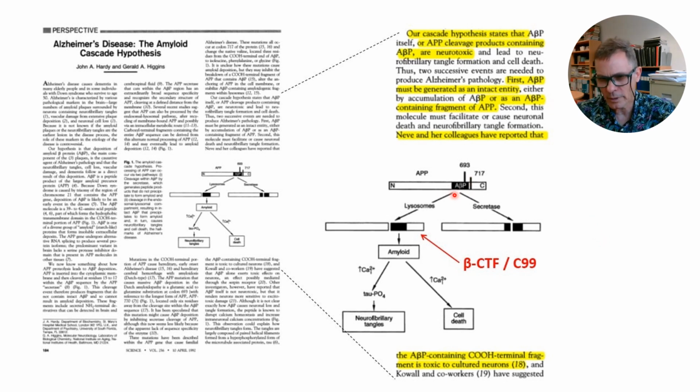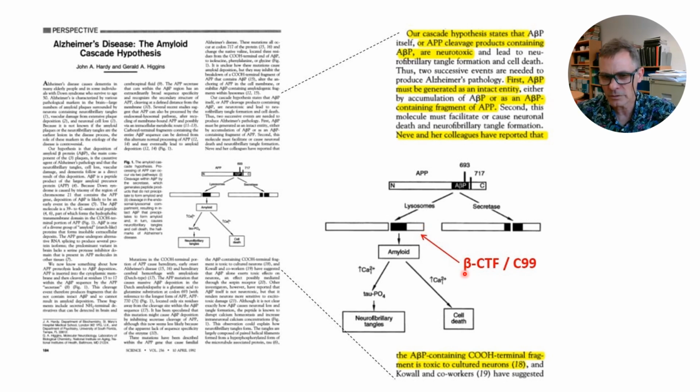In order to be cleaved out of the amyloid precursor protein, the amyloid beta peptide needs to be cut here, which is called the beta site, and it needs to be cut here, as I've mentioned before, which is called the gamma site. If you only cut at the beta site, you form a fragment here, which is basically mainly the transmembrane part of the APP protein, plus the intracellular part, the part that's actually inside the cell.